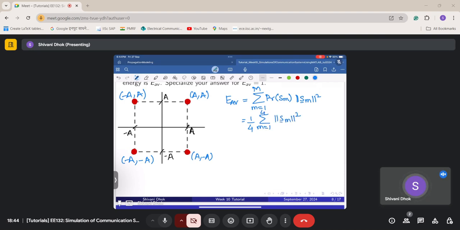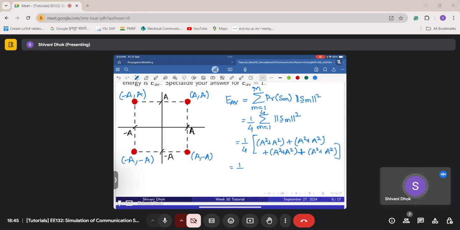So this becomes 1 by 4. What is the energy of this? This will be A square plus A square, plus the second point, again A square plus A square. Then the third point again A square plus A square, plus this point, again A square plus A square.